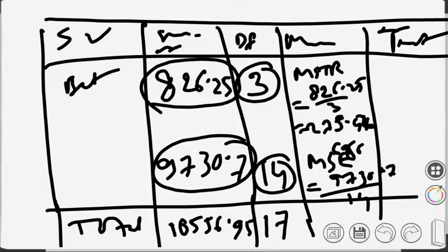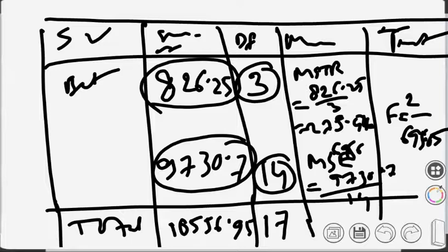And F is MSTR by MSE. That means নিচে থাকবে 695.05 and উপরে 275.42.